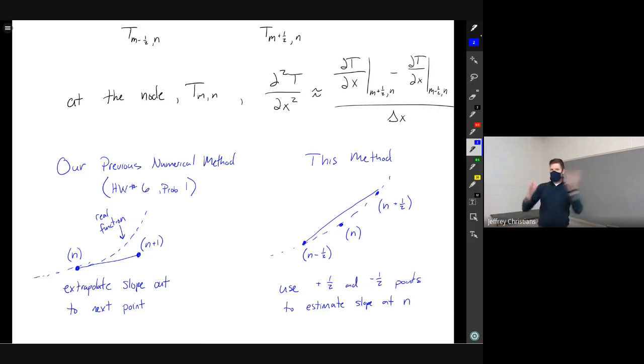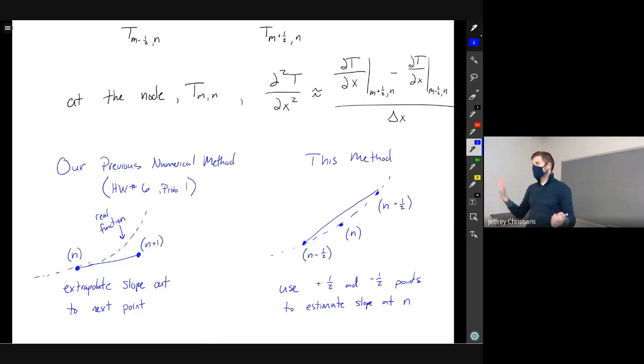We use a point to the left and a point to the right, calculate the slope between those points, and use that to estimate the slope at the midpoint. Just from the picture, you can see that's going to be a better estimate of the slope at point n.